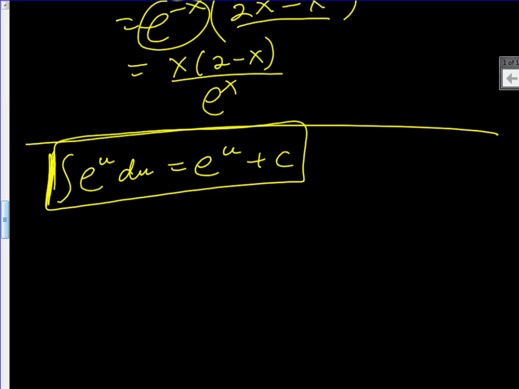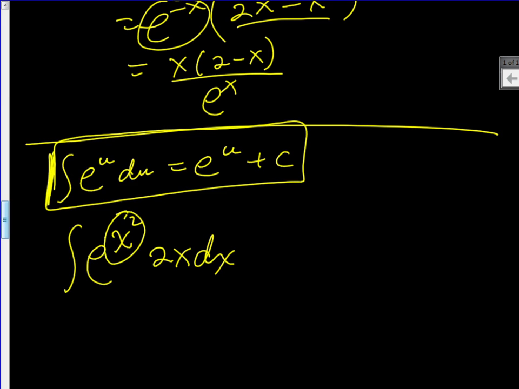So we have the integral of e to the x squared 2x dx. Generally, not always, but generally, let u equal the exponent. If the exponent is just x or t or u or v, then don't bother.